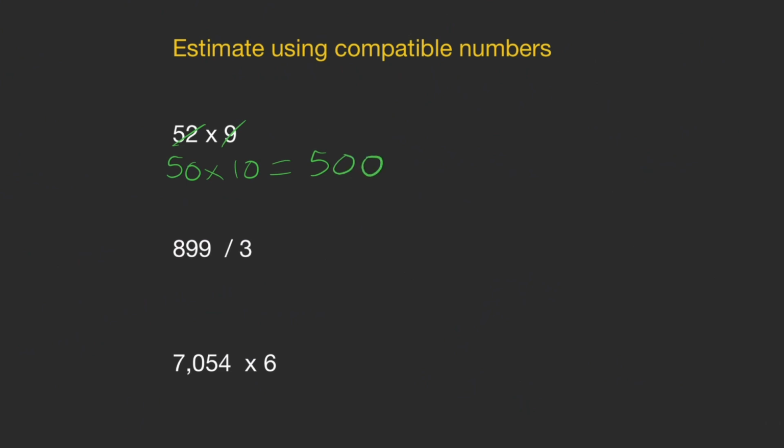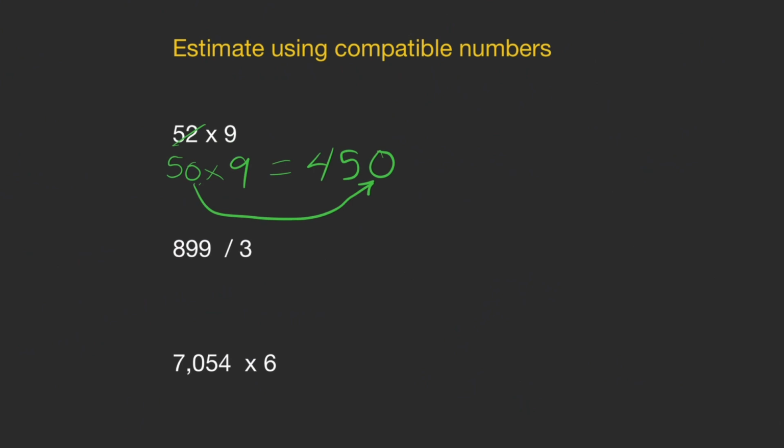Now, some other people might say, well, DJ, let's just change the 52 to a 50, and actually don't change the 9, keep the 9, because I know what 5 times 9 is. 5 times 9 is 45. And then since it's not 5 times 9, it's 50 times 9, it would be 450. All right, because that 0 just comes over here. So that might be a little bit more accurate. So if you know what 5 times 9 is, maybe you're not going to change that 9 to a 10, right? Because that's already really easy to do as well.